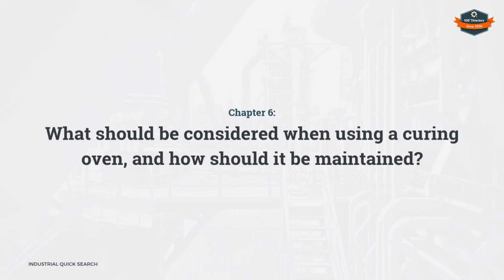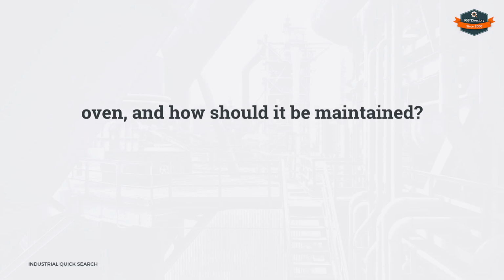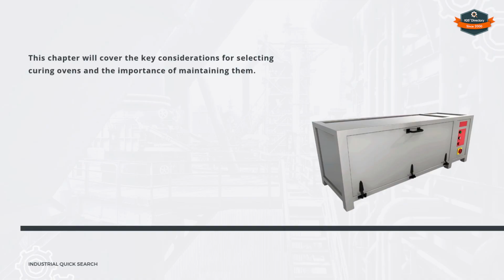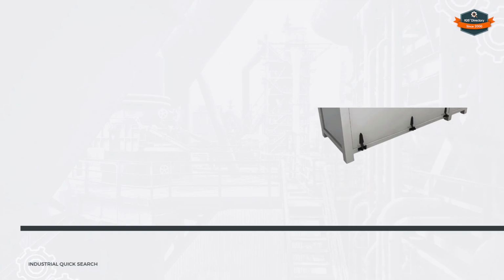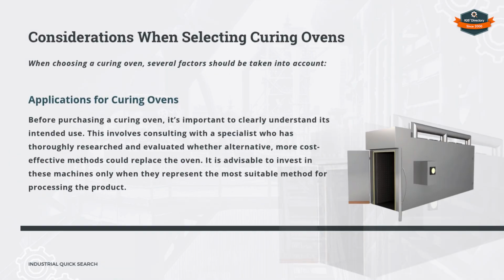Chapter 6. What should be considered when using a curing oven and how should it be maintained? Considerations when selecting curing ovens. When choosing a curing oven, several factors should be taken into account.